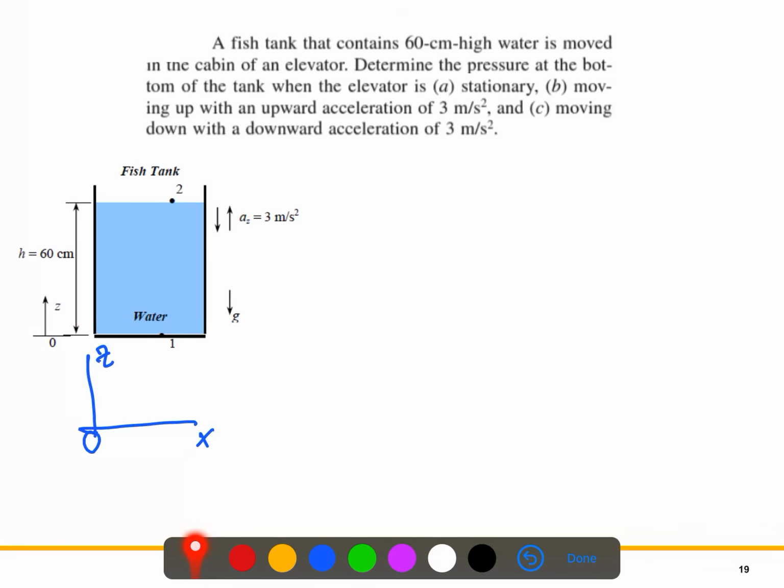Now 3 cases. We need to determine the pressure. So you can see this is the liquid and we have 2 points. So the question is the pressure at the bottom of the tank. That means, let's say at the point A, when the elevator is stationary, so when it is at rest, when it is moving up with the acceleration 3 meter per second, and when it is moving down with the acceleration 3 meter per second.